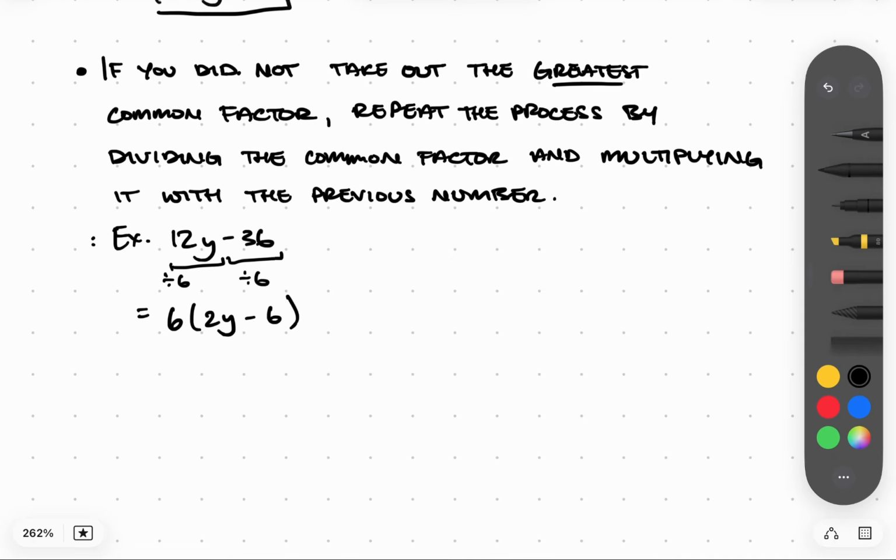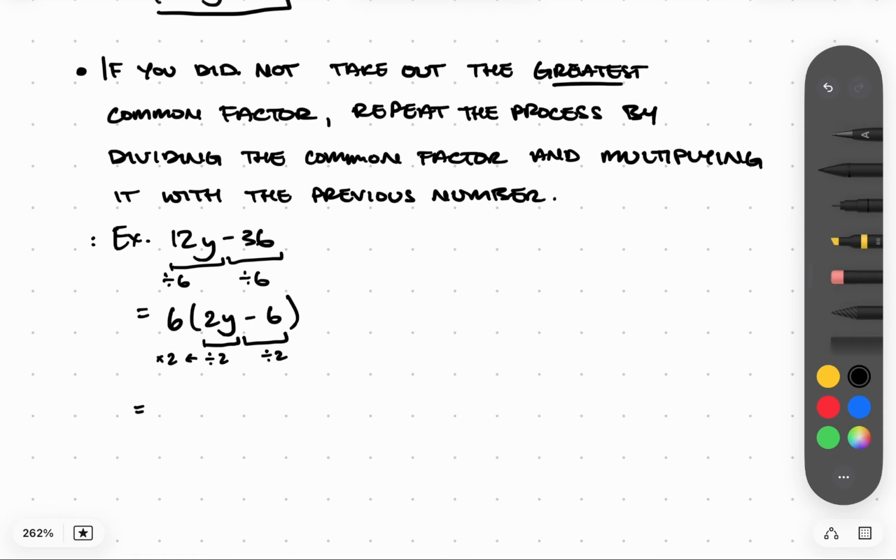Now I realize, oh, I'm not quite done yet because I can still factor out a 2. So what I'll do is in the parentheses, I'll just repeat that process. And this time I'm going to divide it by 2, divide this one by 2 as well. But I need to remember that I need to multiply this by 2.